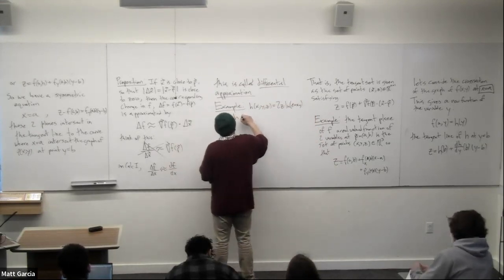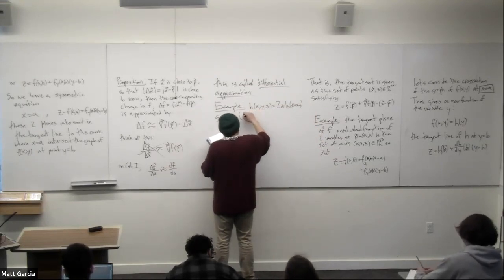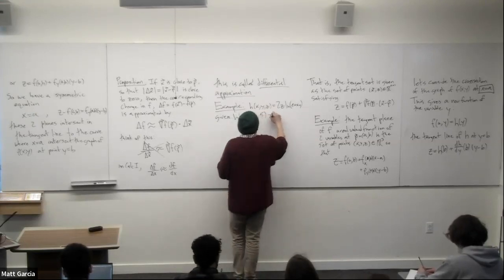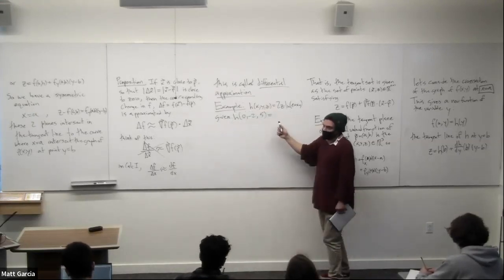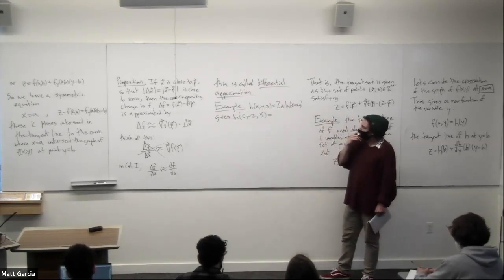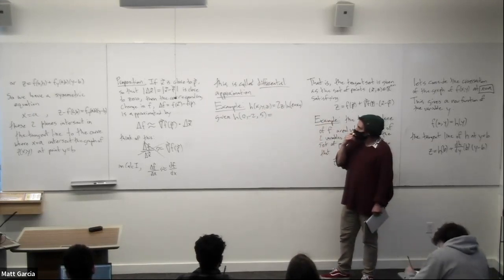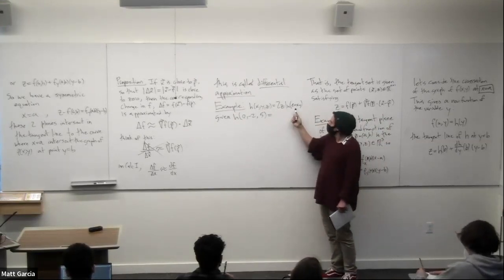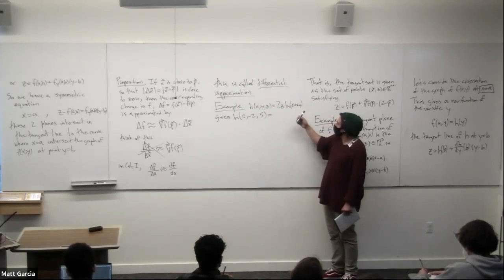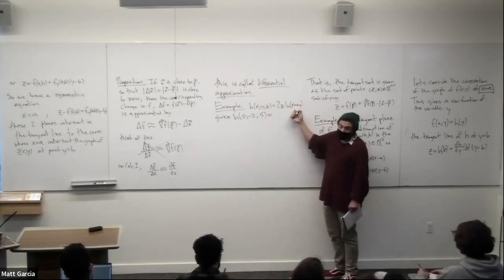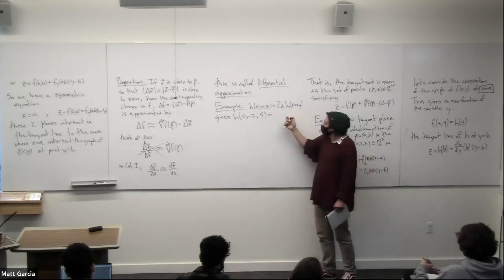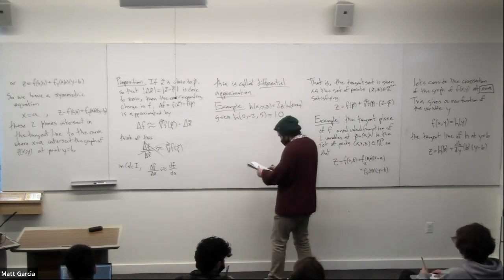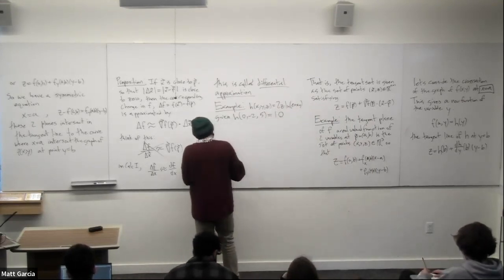Given that h is evaluated at the point 0, -2, 5, what is the value of the function here? Plug it in, 0 for x and -2 for y. We get ln of e is 1, right? So total we get 10. Good. Okay.